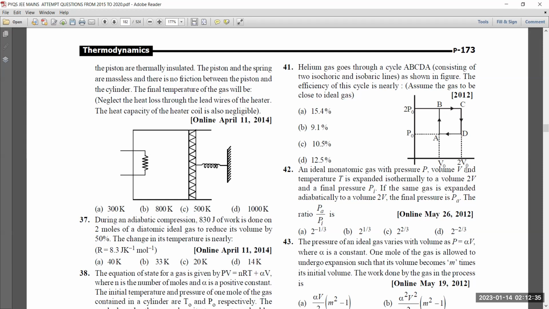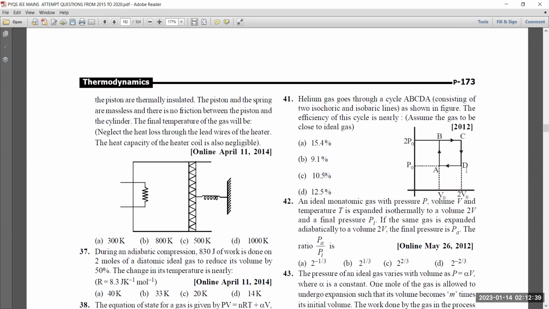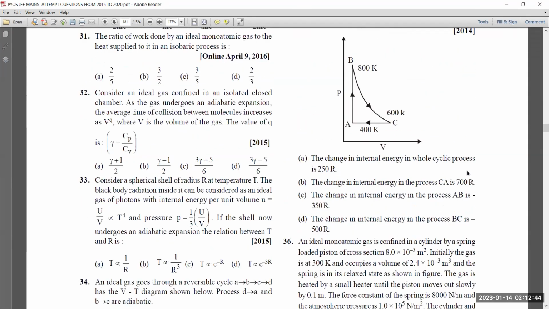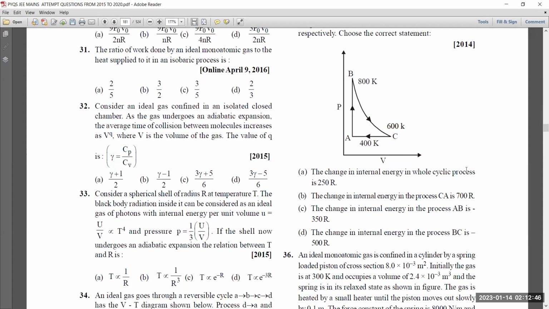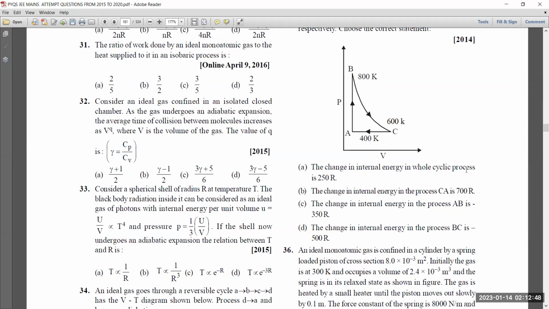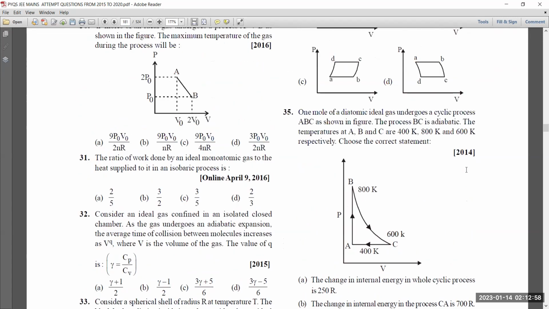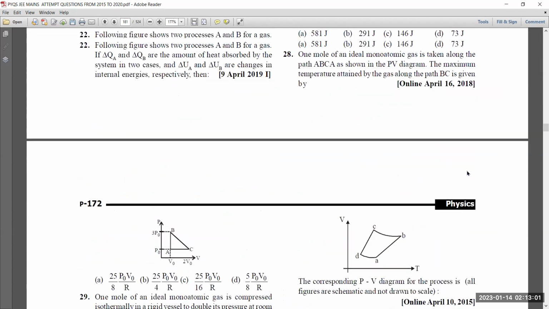So the work done by the gas will be the energy stored in the spring, right? So try this. I'm not saying 30C, but 32 is really interesting. Again, it's similar to what we did. 33 is also interesting. So 32 and 33 are very, very important. You can try to solve on your own, and if you don't get it, don't worry. You can ask.